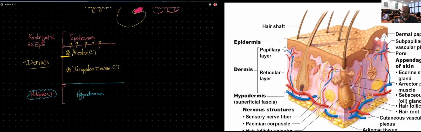Pilus is the hair, so the muscle contraction here gonna result in erection of the hair, and those are the ones that will be responsible for the goose skin that a person might get, the contraction of the erector pili muscles. Other things that you can see on here, we can see the sweat glands or the eccrine glands.